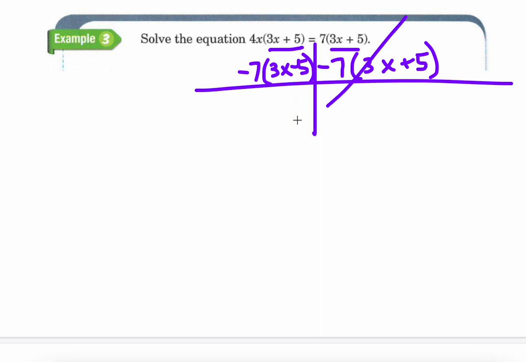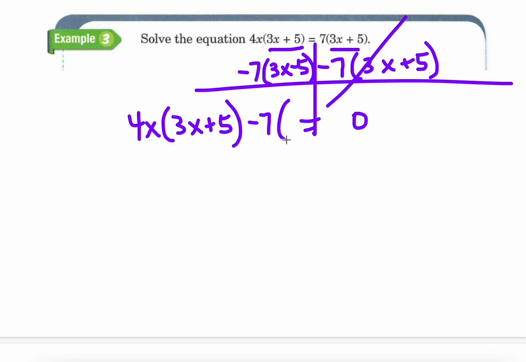Okay, so that cancels on this side, equals 0. So then I get 4x times 3x plus 5 minus 7 times 3x plus 5. Oh, I wrote the wrong thing there. Okay, because they both have 3x plus 5.